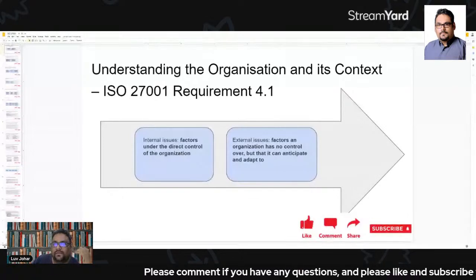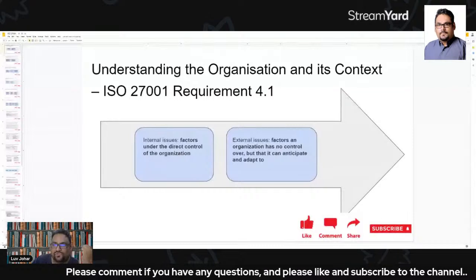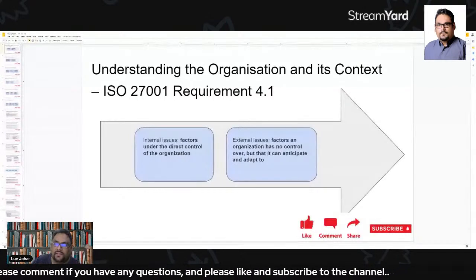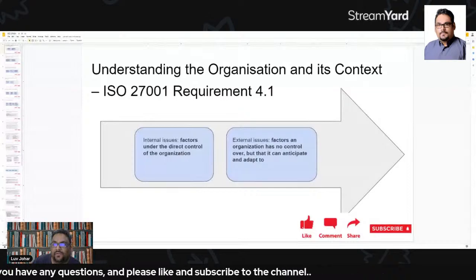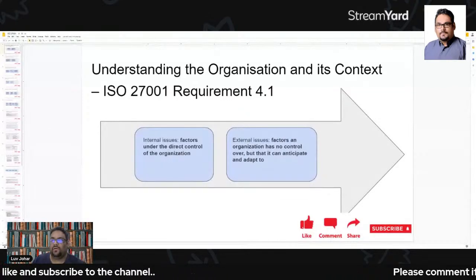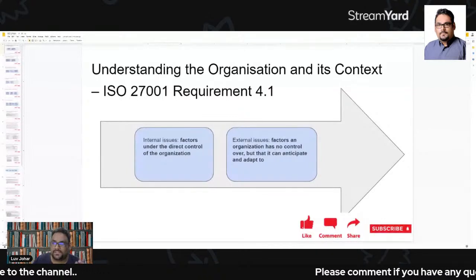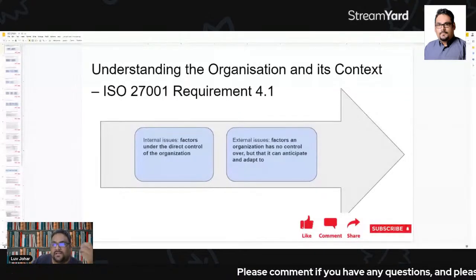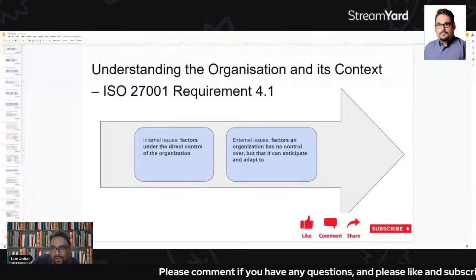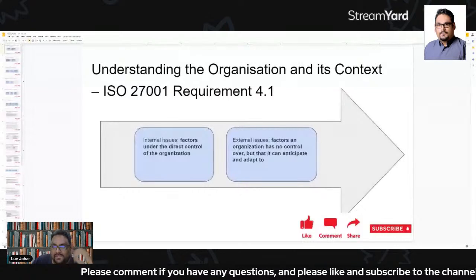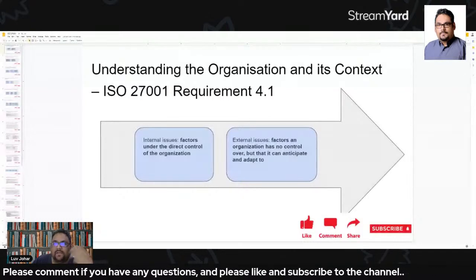Okay. So internal issues, you can simply say that organization's drivers, for example, organization's values, mission, vision, objectives, internal policies, internal strategies, all these are examples of internal issues.